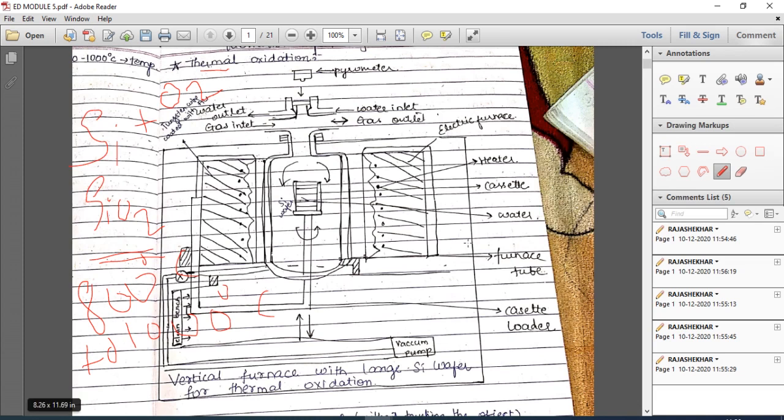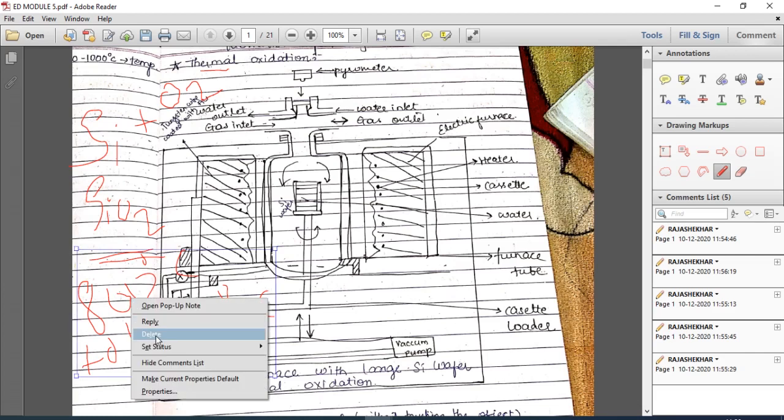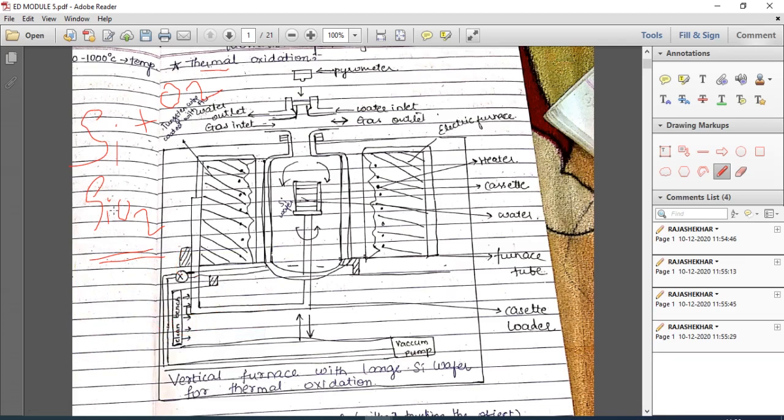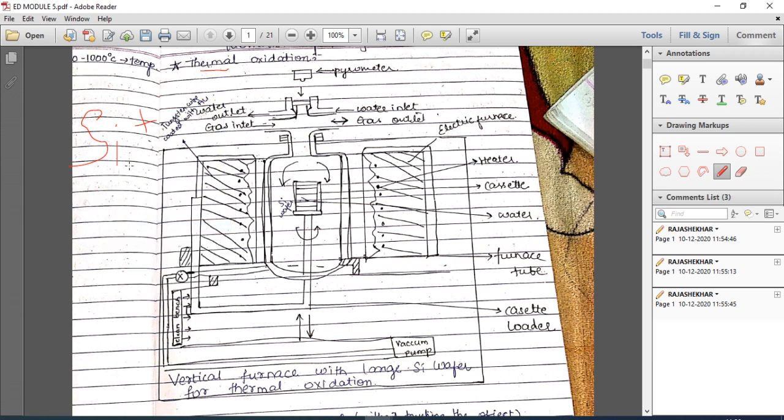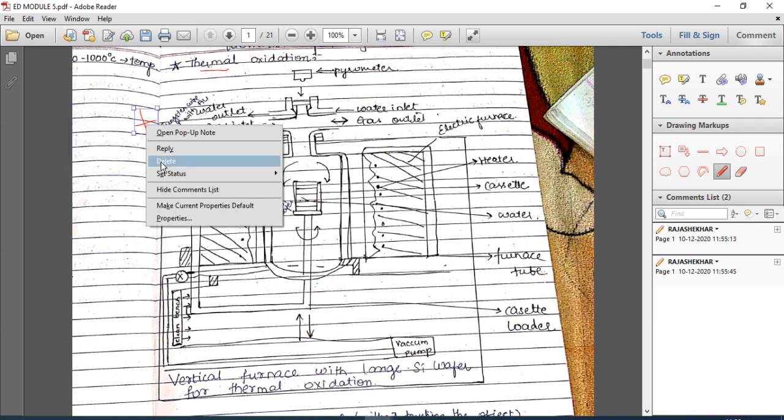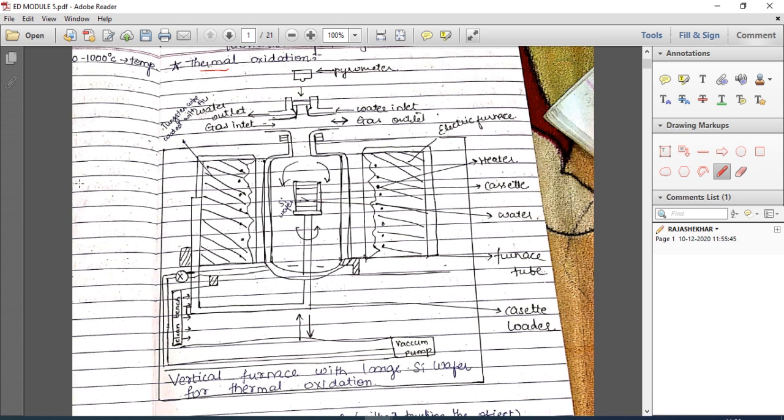This is what we are showing in the diagram. Now I will show you how to perform this thermal oxidation and how we can obtain oxidation using quartz or silicon.